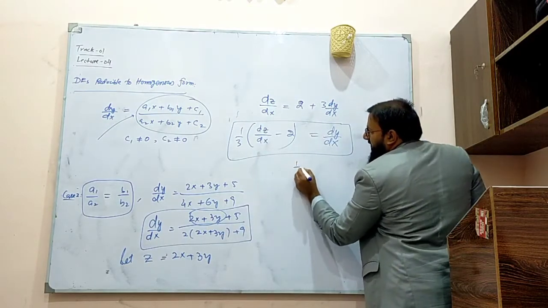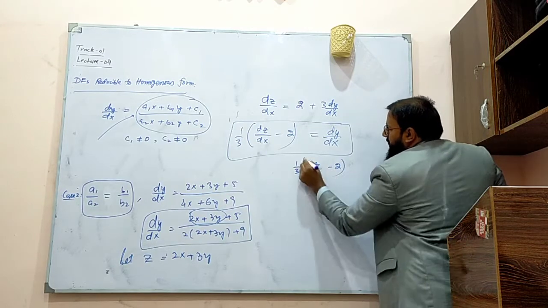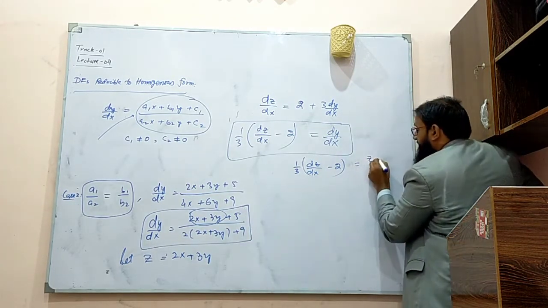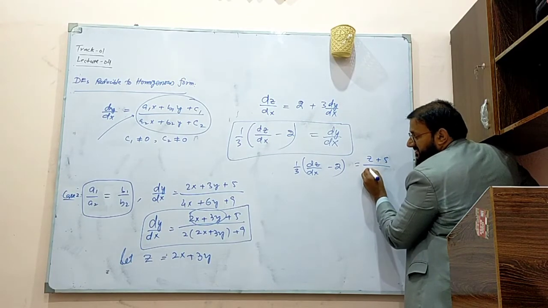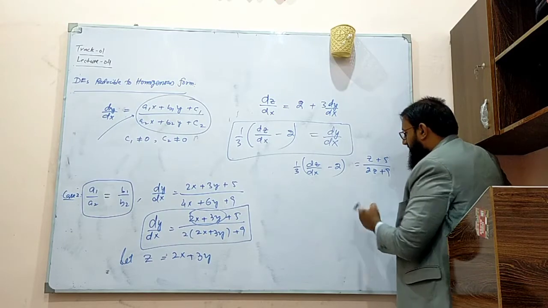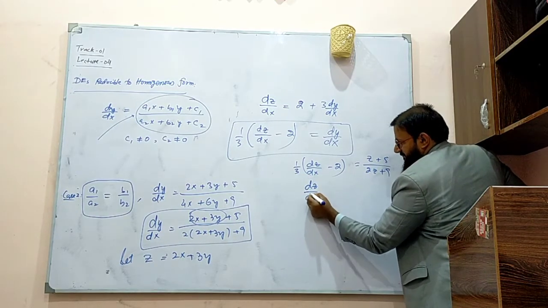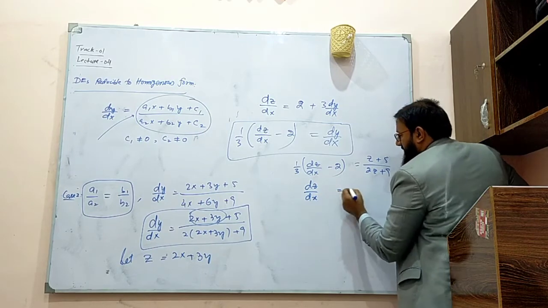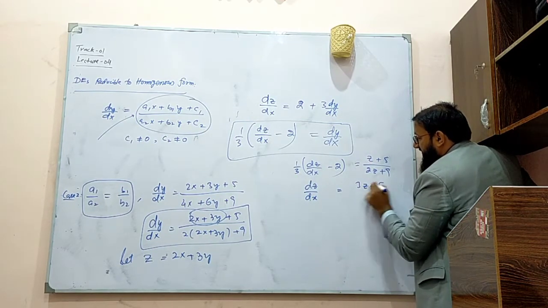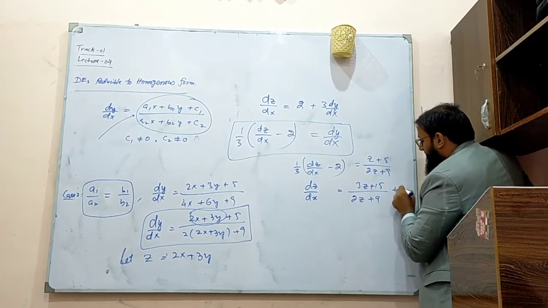So 1 upon 3 (dz by dx minus 2) equals z plus 5 over 2z plus 9. I think this will be a separable equation. First thing is you multiply 3 on this side. So 3 multiplied here would be 3z plus 15 over 2z plus 9, and this is minus 2, it becomes plus 2.